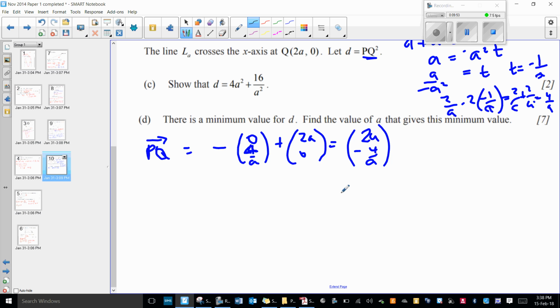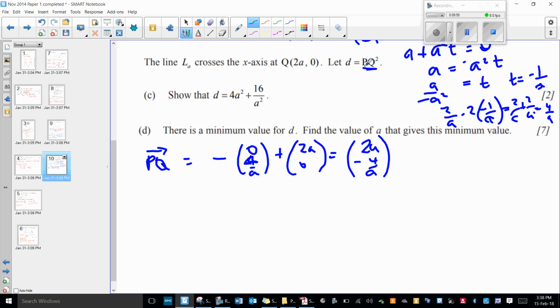Now D equals PQ squared. So we can use Pythagoras' theorem. Let's just picture this. We've got P, we've got Q, we've got the origin here.